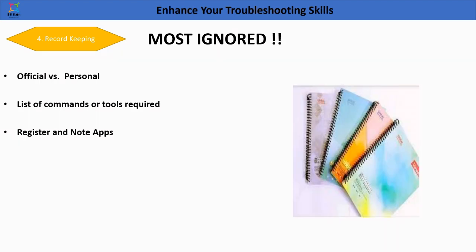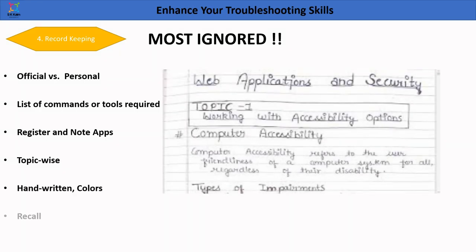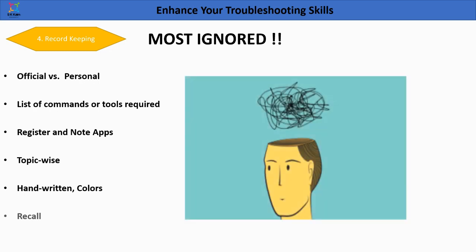You need to make registers. You can also use notepad-type applications. Try to keep your notes topic-wise. For every subject, for every topic, keep different notes. Try to keep handwritten notes. You can color your notes. You need to recall all those tools, all those commands, all those notes on a regular basis.